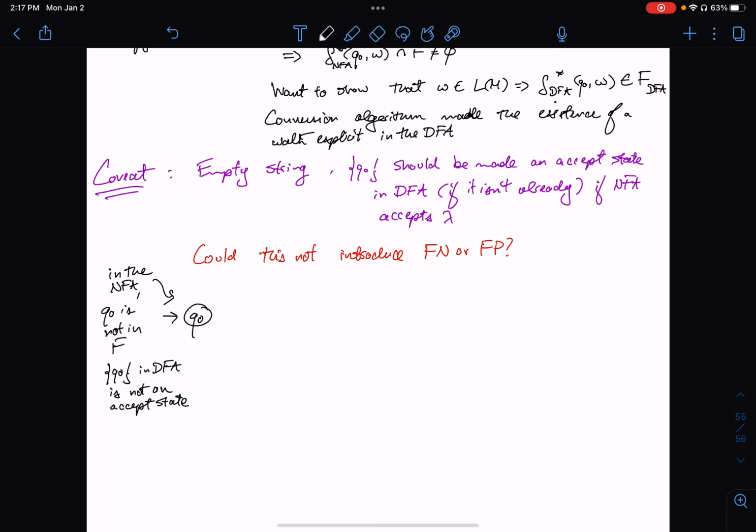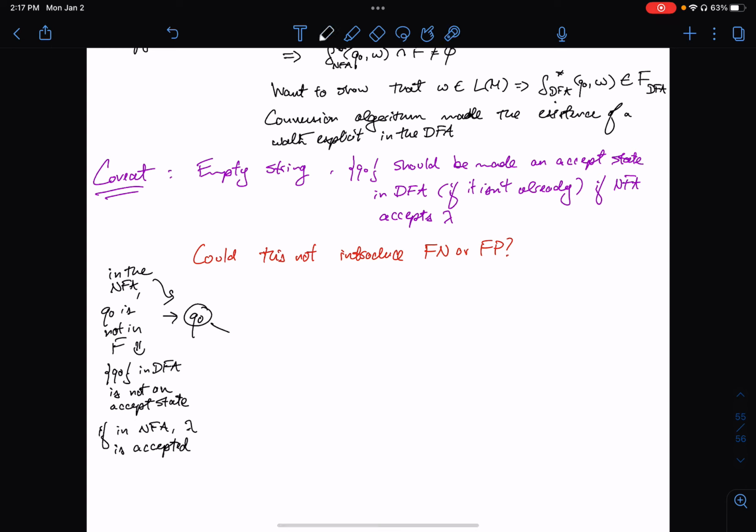but then if in the NFA the empty string is accepted, what that means is that from the initial state, there's a sequence of only empty strings that allows you to reach a final state.